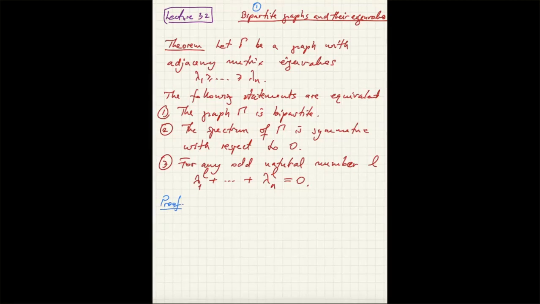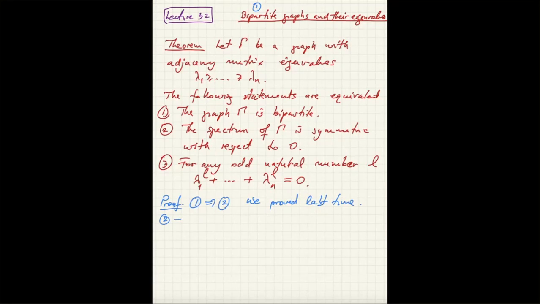Now, the first part, 1 implies 2, we proved it last time, so you can look up the previous lecture for the details.